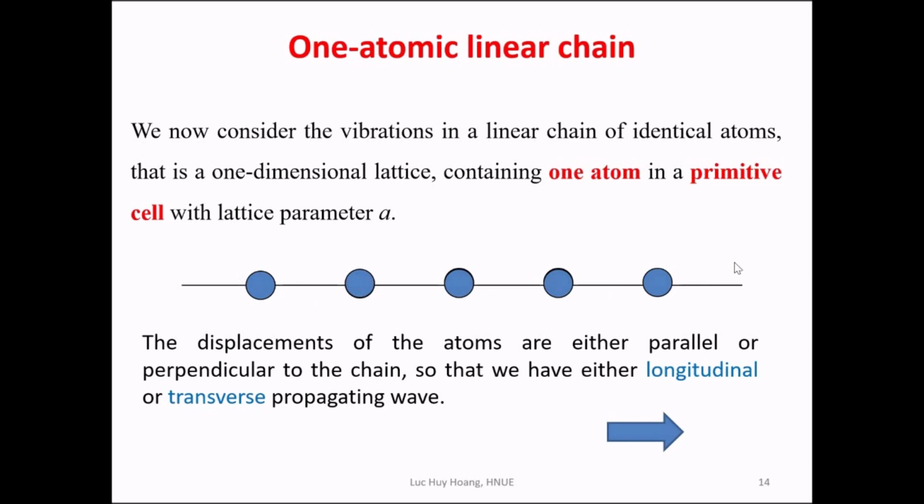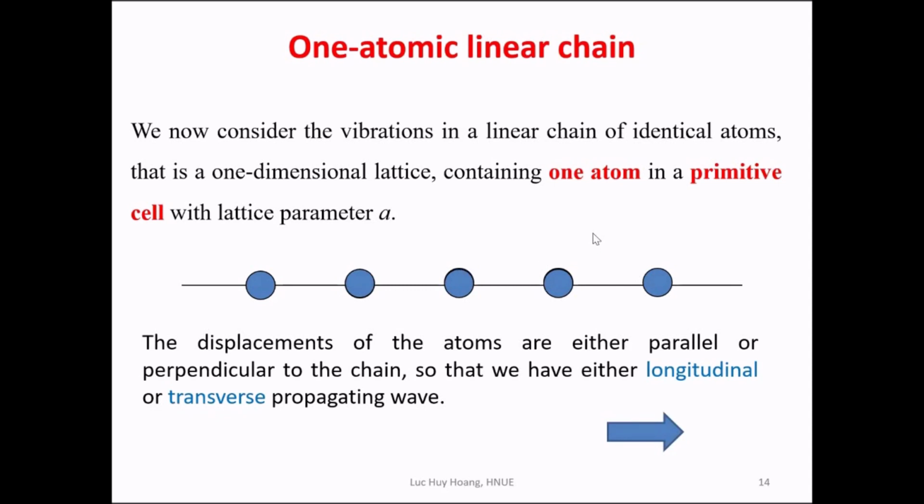So it's linear, right? And the atom has the mass m, with the displacement of each atom a, and all the atoms are identical. Okay, we call it a one-dimensional lattice.